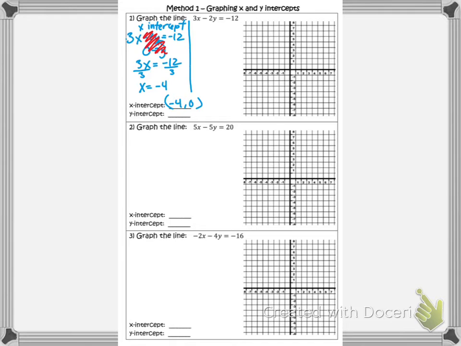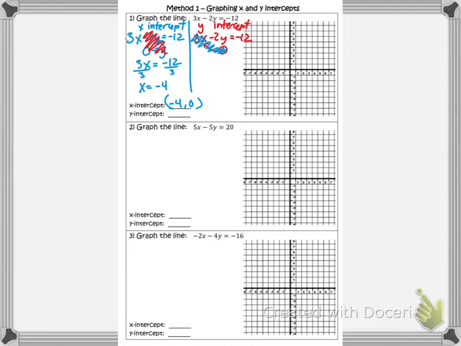Now, solving for the y-intercept, we're going to go ahead and rewrite the same equation. So 3x minus 2y equal to negative 12. Plug in the 0 for x. That's going to go ahead and cancel out this term.